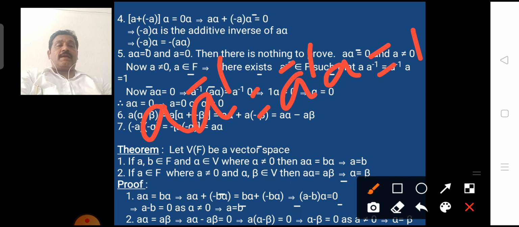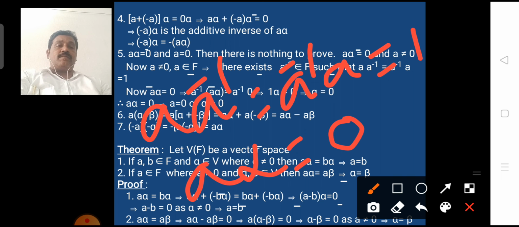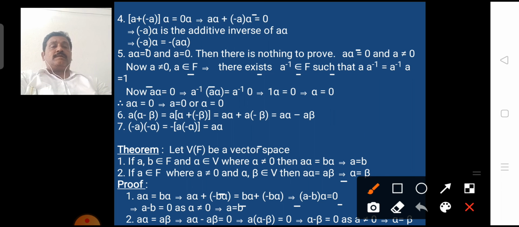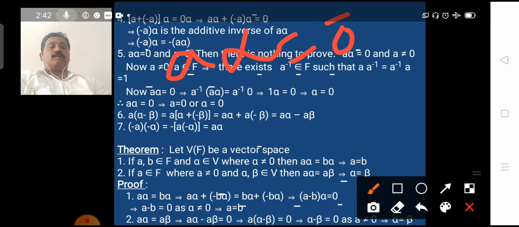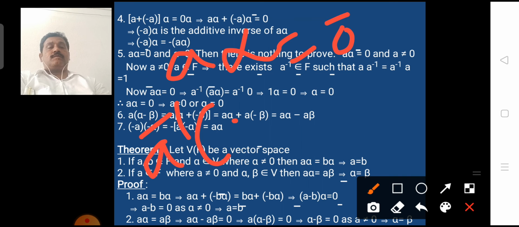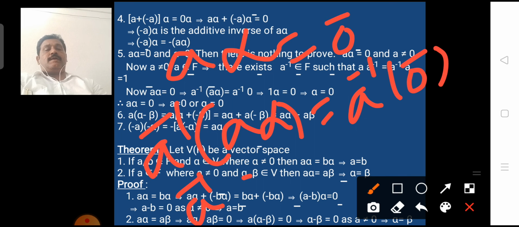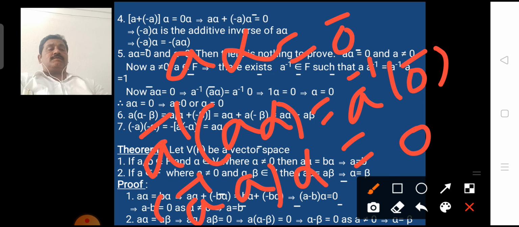Again, A alpha equal to 0 bar. If we multiply with A inverse on both sides, we get A inverse into A alpha, that is 0 bar.